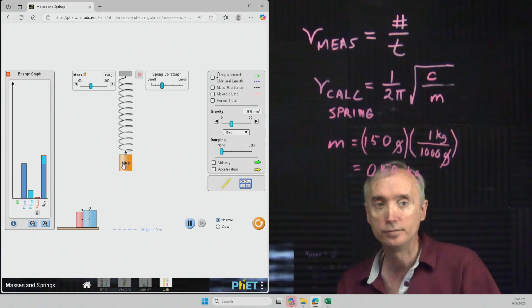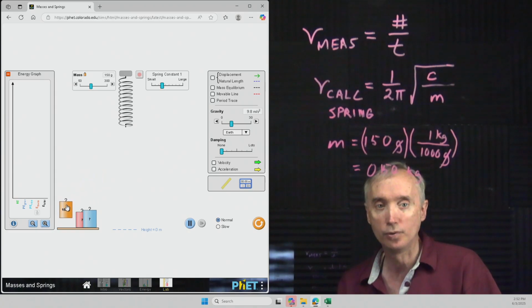Now I'm going to take this off and put it back. I need to know what was the original length of the spring. So if I go over here, I can get a ruler and put it up there, and you notice that this is going to be in centimeters. So that's going to be the length of the spring in centimeters.